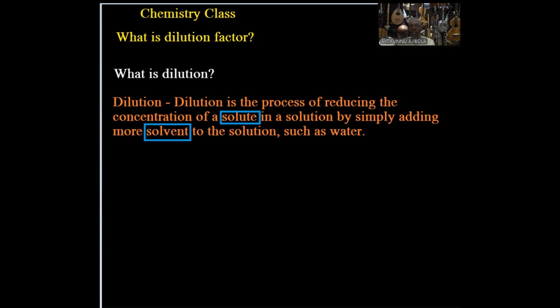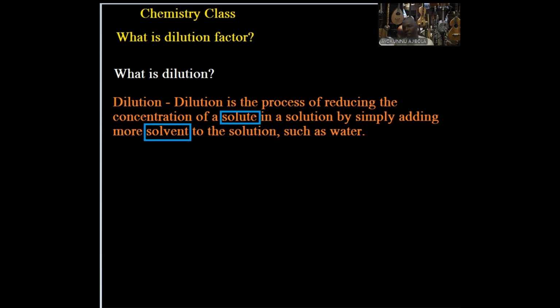Dilution factor is the factor by which the stock solution is diluted. It may be expressed as the ratio of the volume of the final dilution V2 to the initial volume removed from the stock solution.